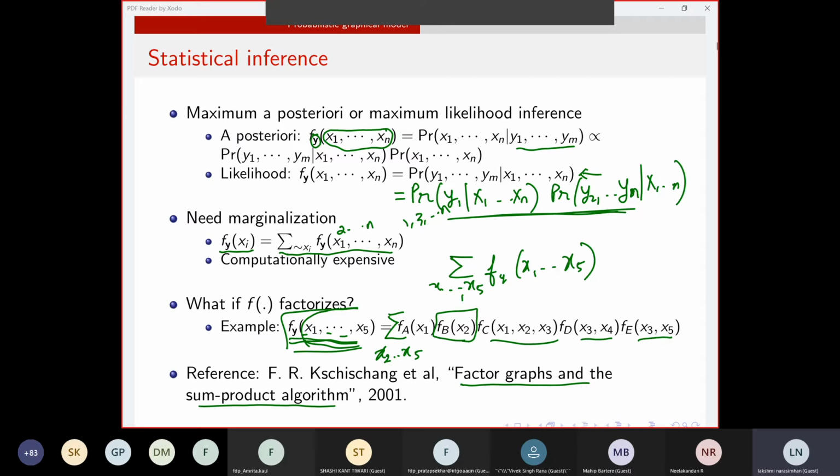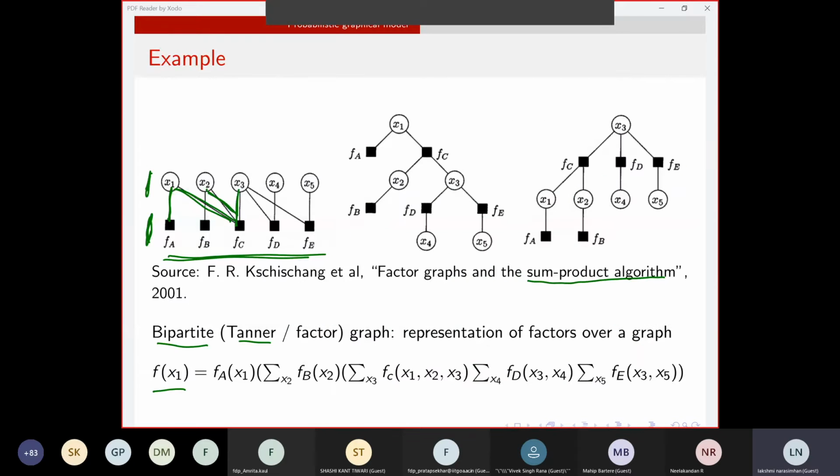So what we can do is rewrite this and do the summation over x5 for this function first, and x4 for this function first, and then together x3, and then with that together x2. So we are basically distributing the summation inside, and this is the expression that we get. Essentially this is as good as just summing over x2, x3, x4, and x5. We just distributed the summation inside.